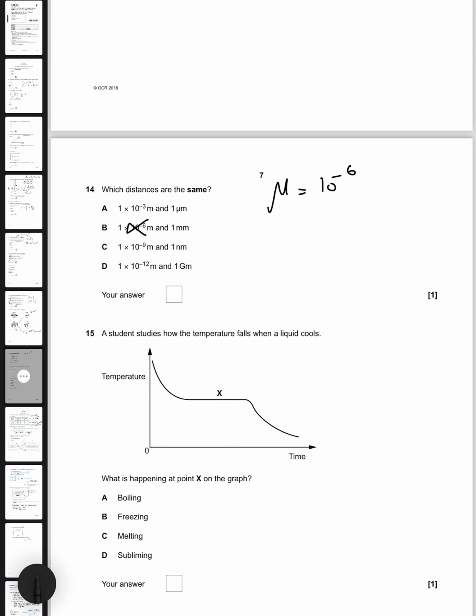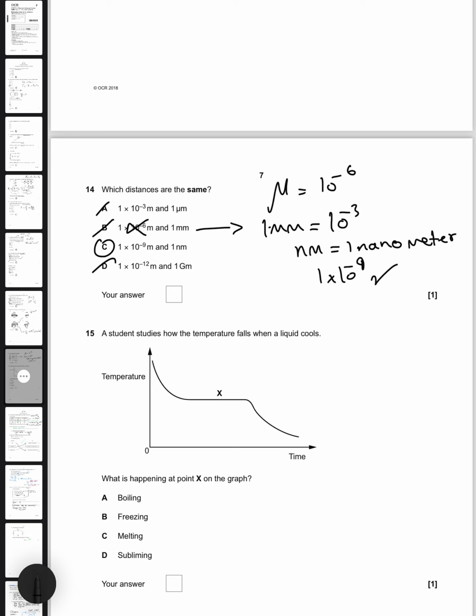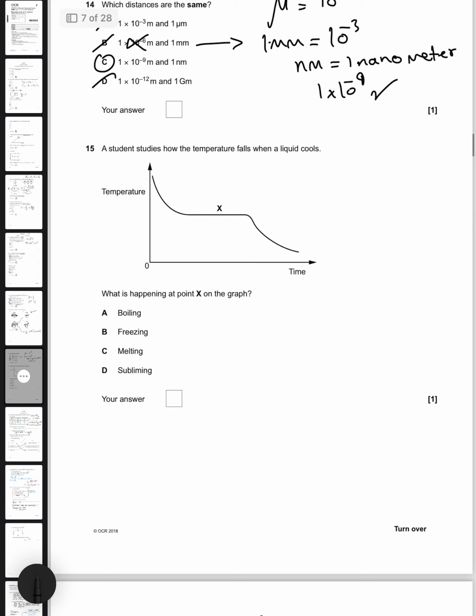The next one, 10 to the power of -6, is a micro, so it's asking, is it equal to 1 millimeter? That's not correct, because 1 millimeter is 10 to the power of -3. So those are off. And then the next one, 1 times 10 to the power of -9 and 1 nanometer. NM stands for nanometer, and 1 nanometer is actually 1 times 10 to the power of -9. So that is correct. So C is the correct answer. I'm not going to check D.